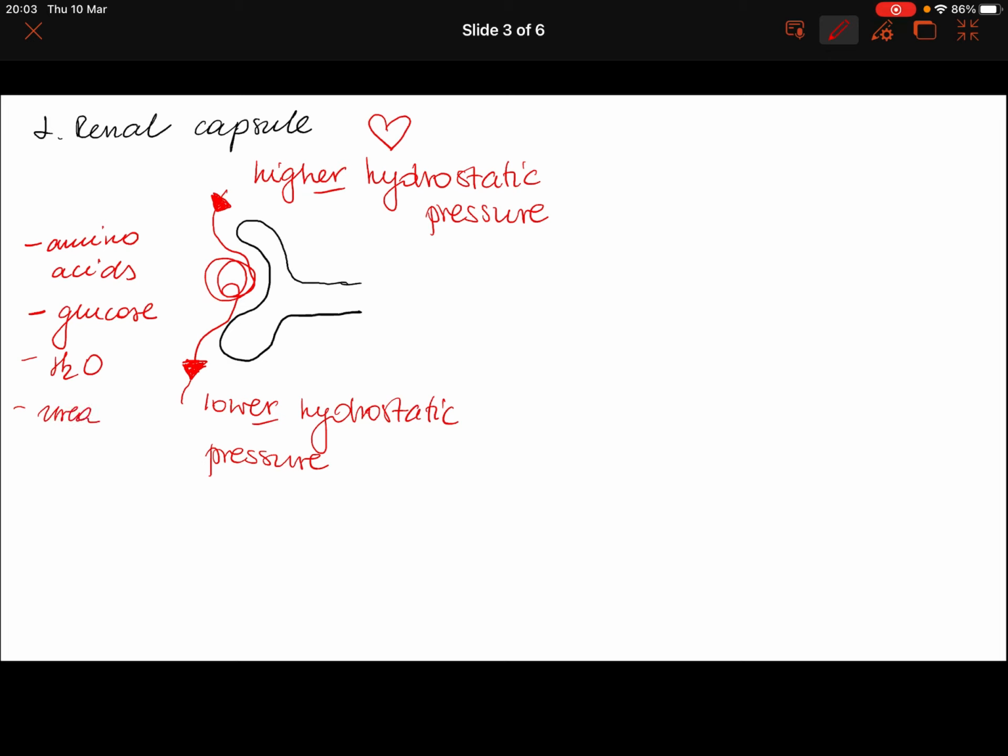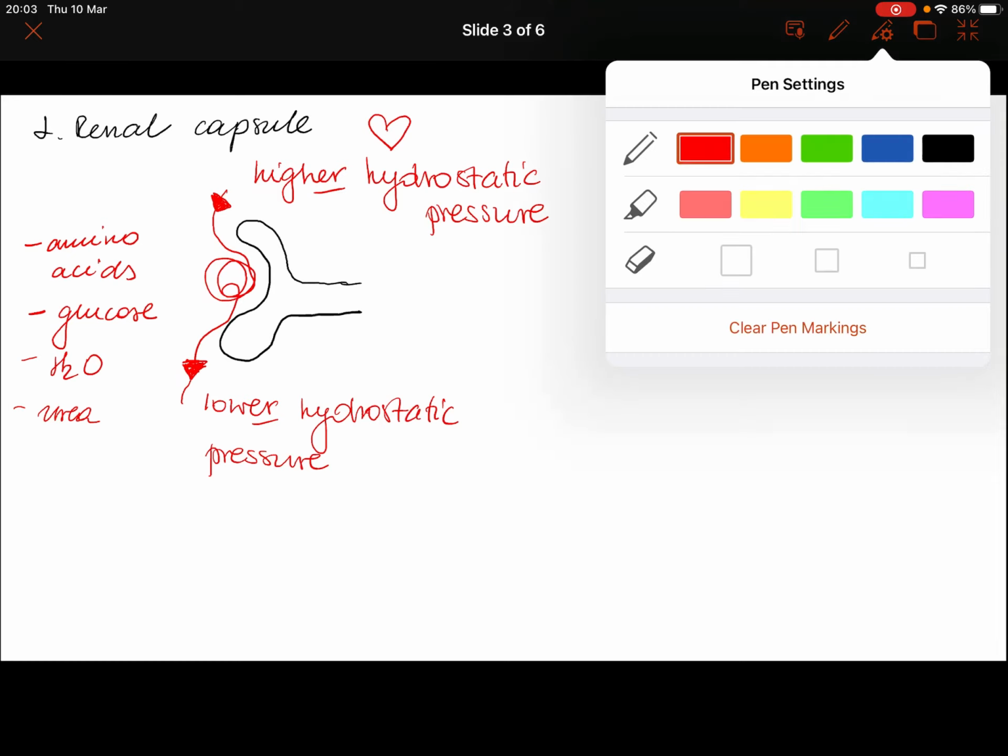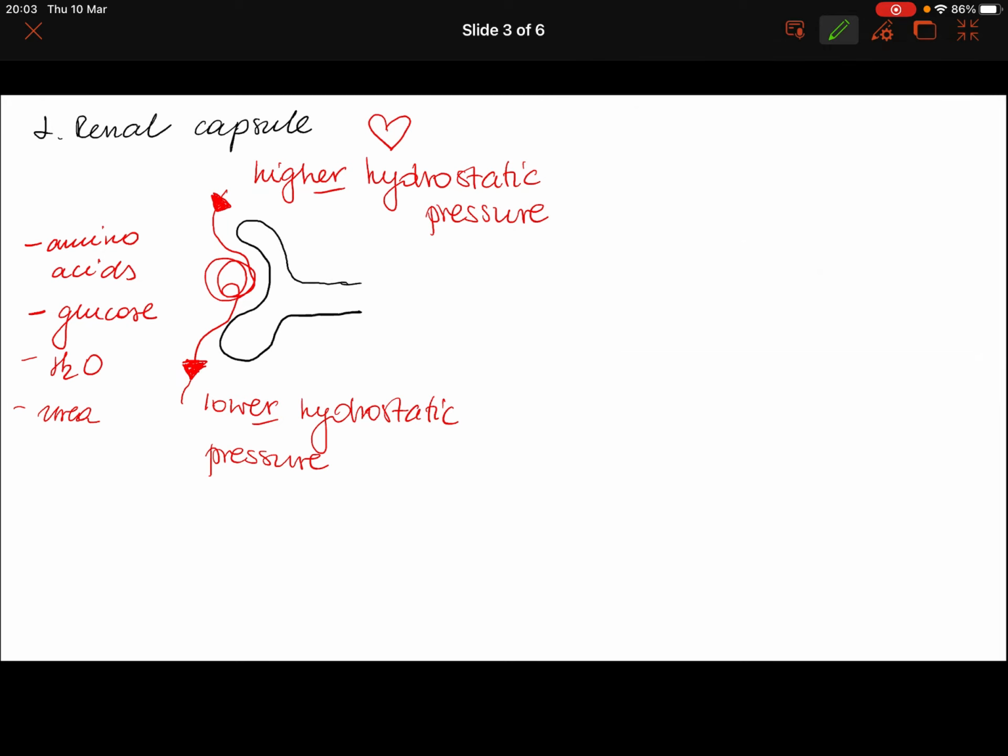So any of those small molecules will be allowed to come out of the glomerulus and squeeze through the cells that are making the basement of the renal capsule. Those cells are called podocytes.